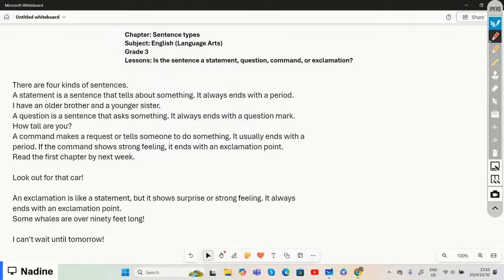Grade one for maths. Guys, grade one is about to start soon.